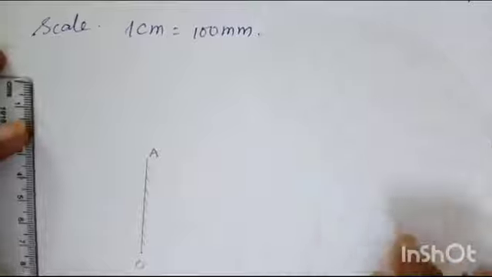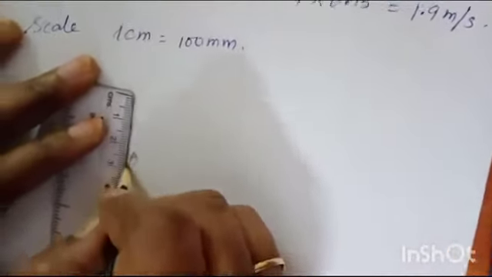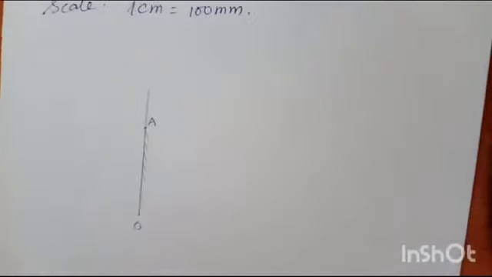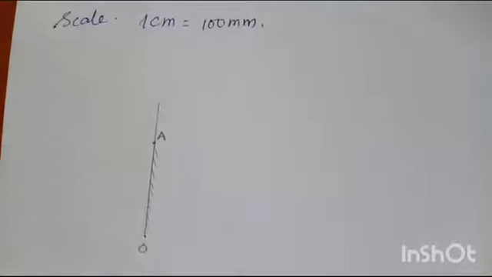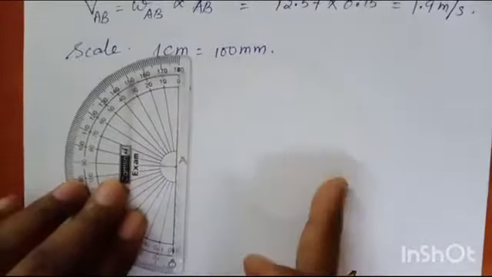From this OA, the crank has 45 degree inclination. Take your protractor like this and keep your protractor in a vertical direction, because it is moving in anti-clockwise direction. If it is clockwise, it will come like this.